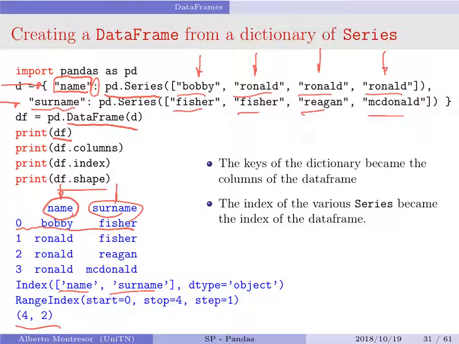Okay. Sorry. The columns were this element here, and the index is this element here. So the columns are the names of the columns. I was wrong, and the index is what you have as an index. Given that it is a range, you start from 0, you end in 4, and the step is 1. Stop 4 is like every range. It means that you arrive to 3.